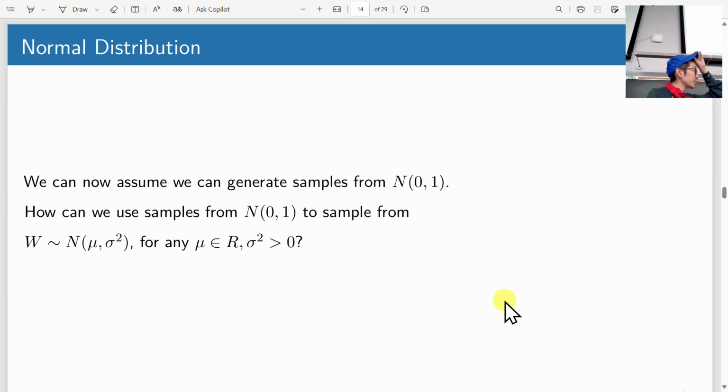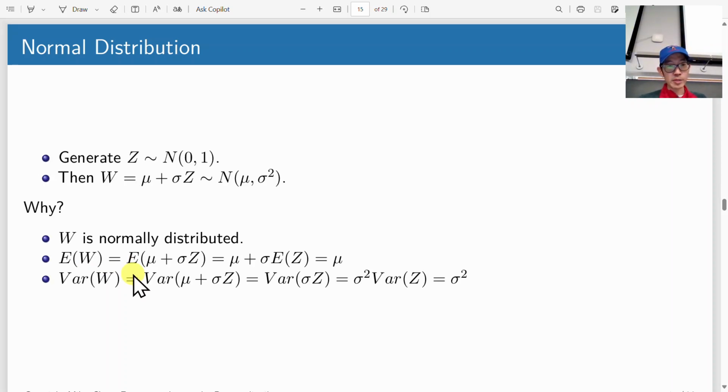Okay. So now that we can generate values from the standard normal distribution, either using the Box-Muller or just assuming we have access to a computer that can do rnorm, we might ask, how do I go from a standard normal to some arbitrary normal distribution, where I have a different mu and a different variance?